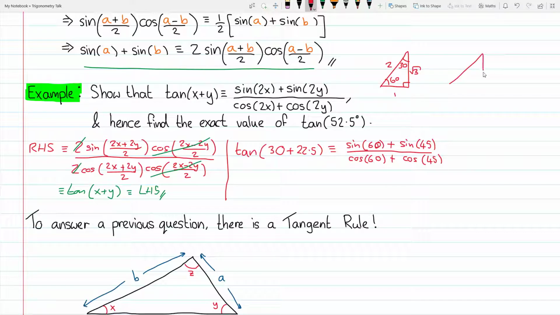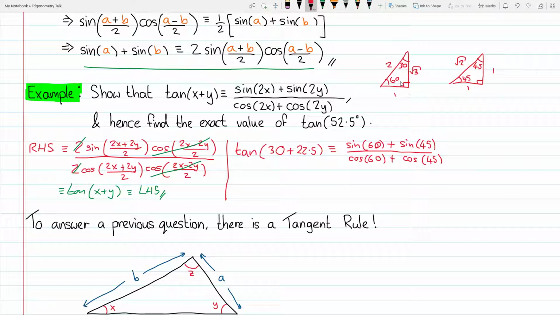And we also have our 45 triangle, so that's going to be 45, 45, and remember this from the first video, so this is going to be 1, 1, square root of 2, and we can use these two right triangles to figure out what these values are.